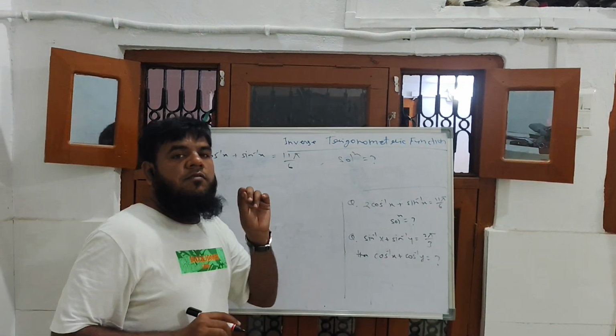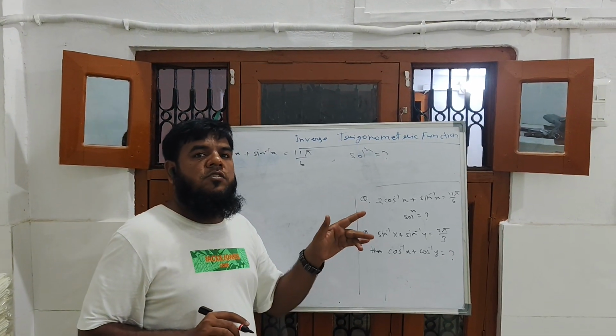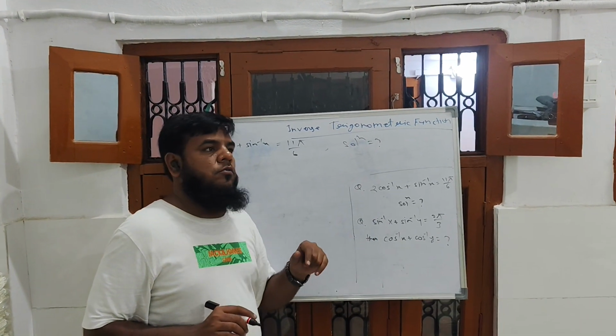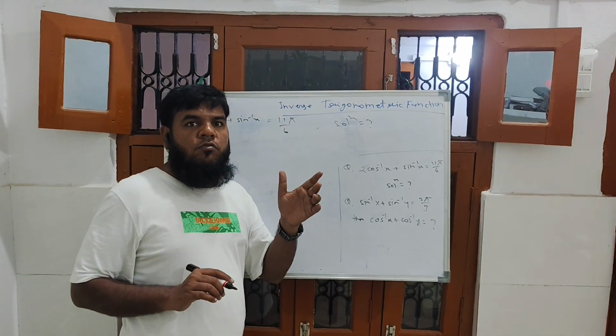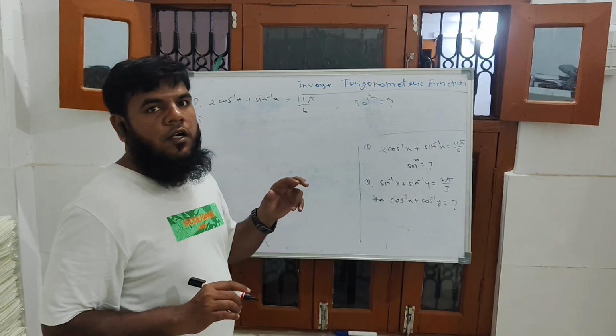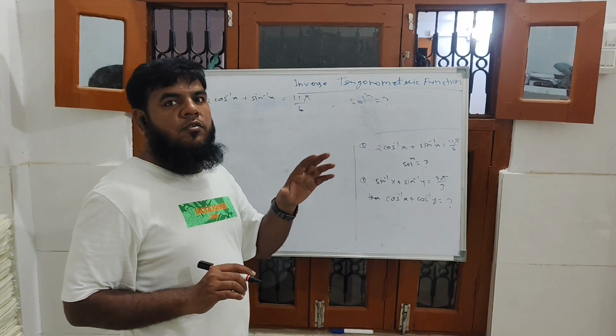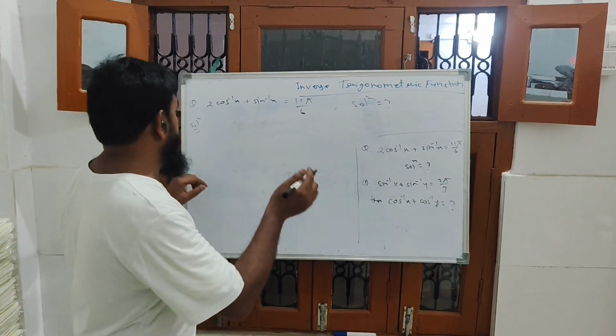We know the property sin inverse x plus cos inverse x equal to pi by 2. Similarly, sec inverse x plus cosec inverse x equal to pi by 2, and tan inverse x plus cot inverse x equal to pi by 2.